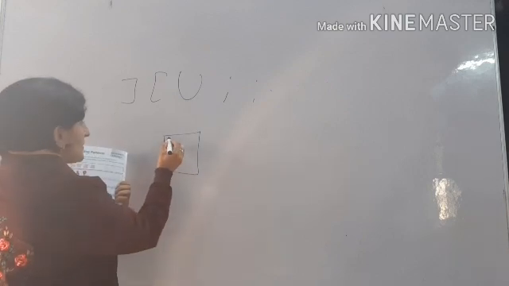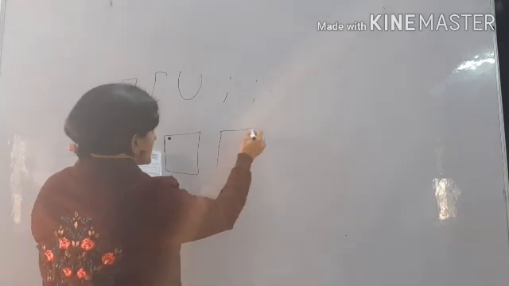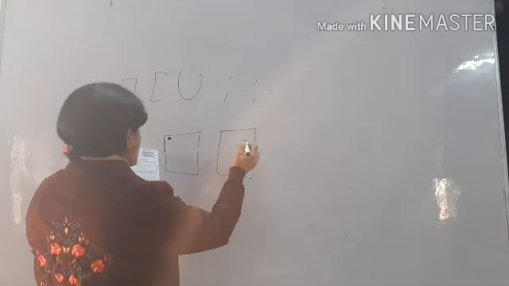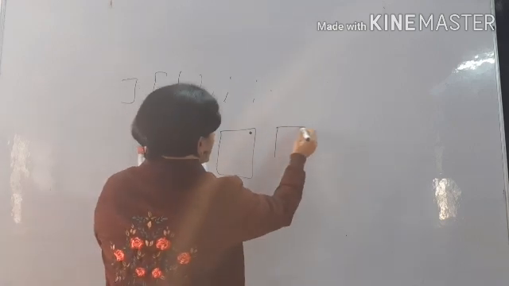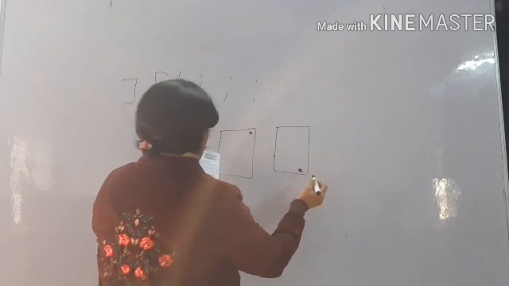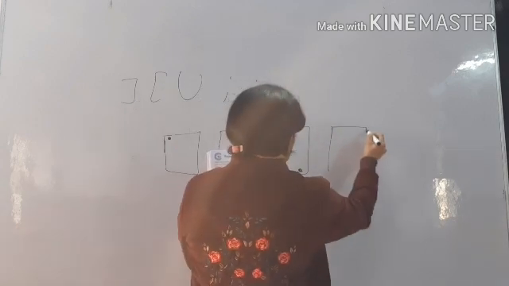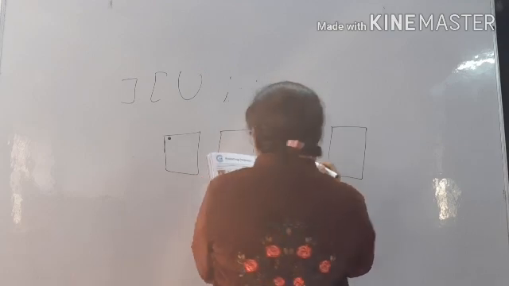First symbol is given like this. Second symbol is given like this. Third symbol is given like this. And fourth symbol is given like this. So what will be the next symbol?